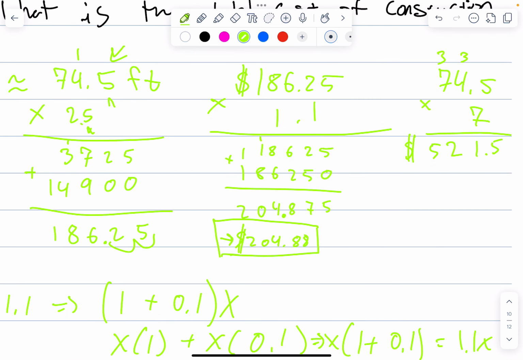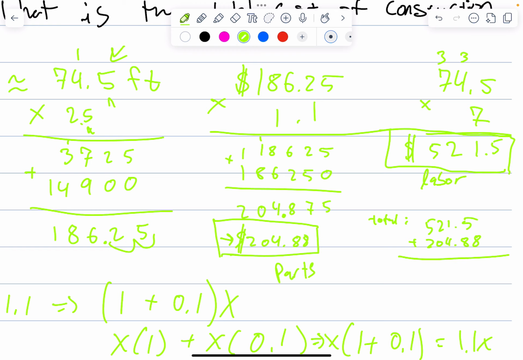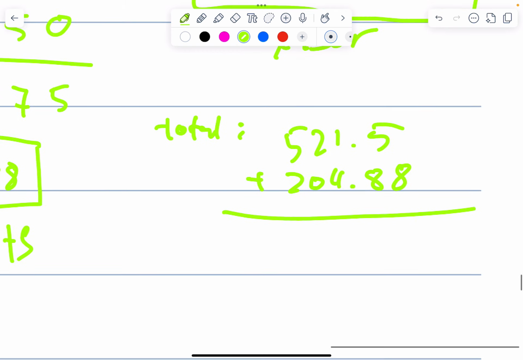So parts, labor, and total is 521.5 plus 204.88. So 8 just goes down. 8 plus 5 is 13. 5, 6, 7, 8.